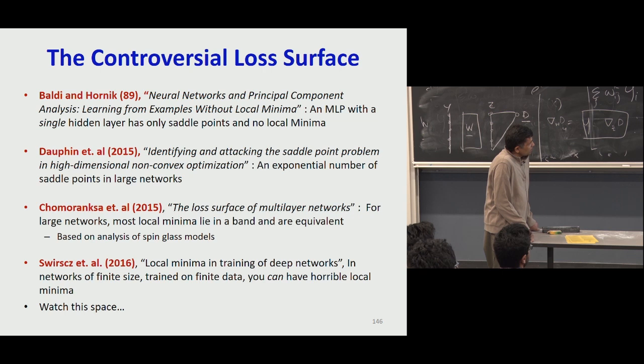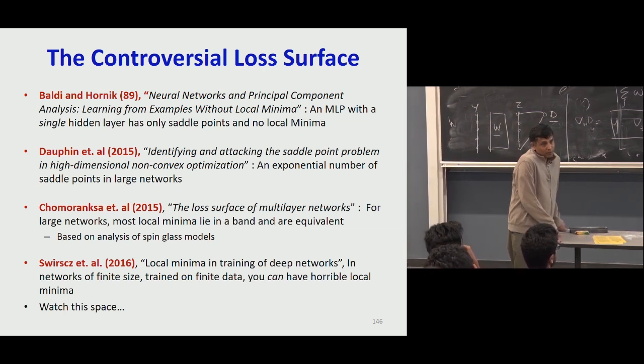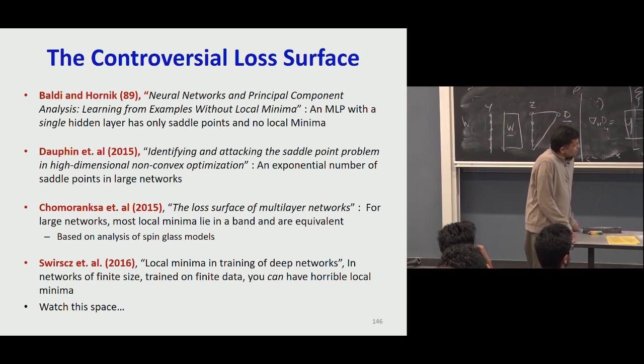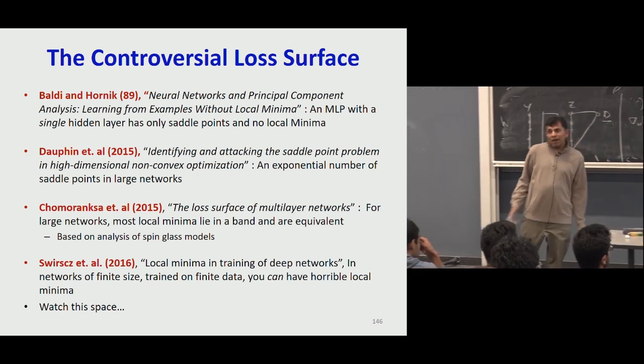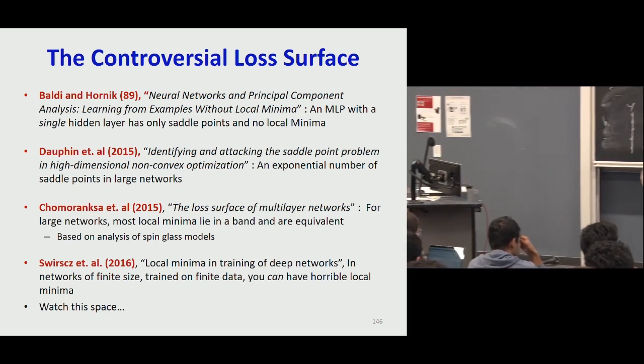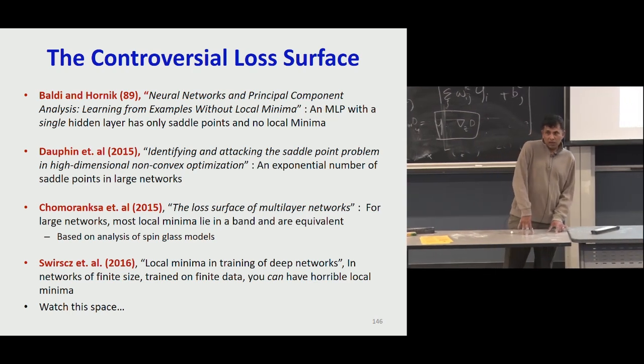Choromanska, I think that's how it's pronounced: for large networks, most local minima lie in a band and are equivalent. Schwartz et al.: in networks of finite size trained on finite data, you can have local minima. So you have many of these papers saying seemingly contradictory things, but really they're looking at different conditions.